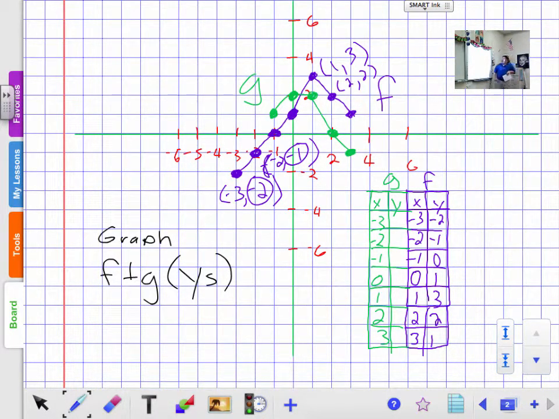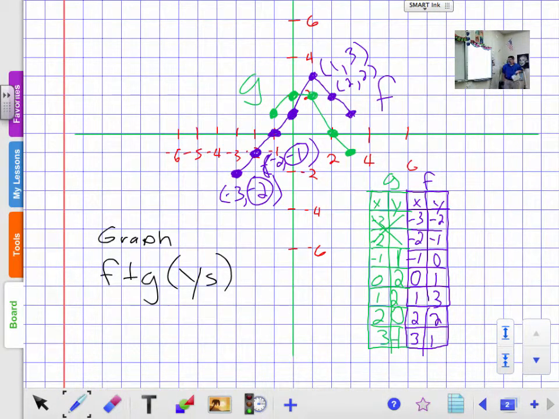No. What about for -2? No. So these don't exist for g. But here I've got -1, 1. Then I've got 0, 2. Then 1, 2. Then 2, 0. And then 3, -1. Is that right? All right.